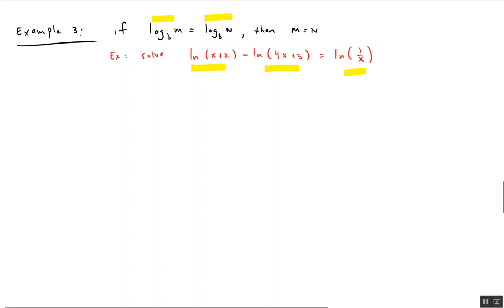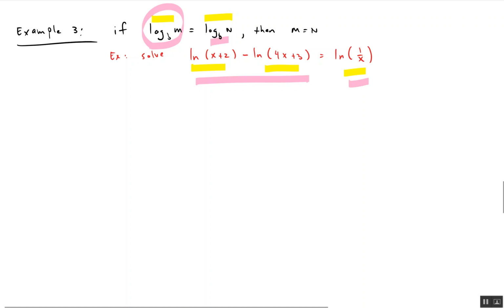So we need to rewrite this problem to fit the rule, because in our problem we have two logs. We have a log minus a log on the left side, and in the rule we have one log on the left side. On the right side we're good, because we have one log in the problem and one log in the rule.